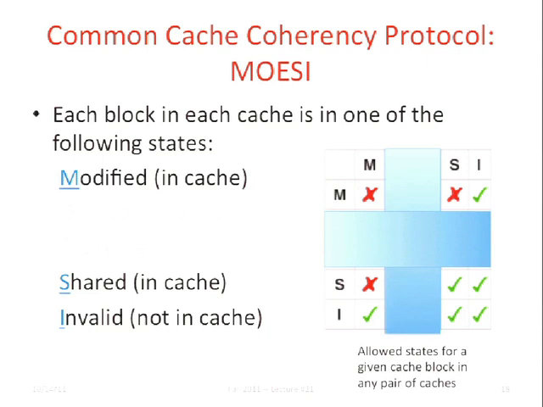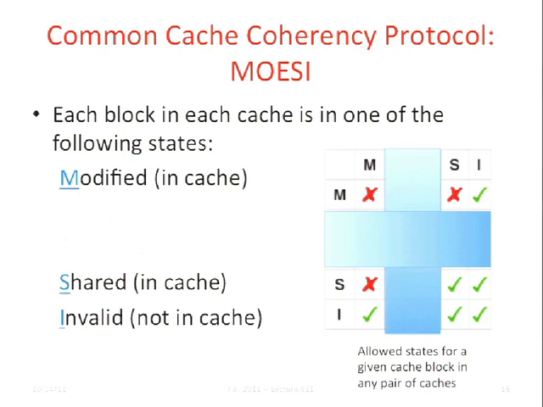So now the question is, how do you describe these things? This is what's called a compatibility matrix. What this says is, if I've got two caches, let's say this is cache 1 and this is cache 2. If cache 1 has a data item or a block in modified state, then what can the other processor have it in? Basically, it's not allowed to have it modified, because only one processor can have it modified.